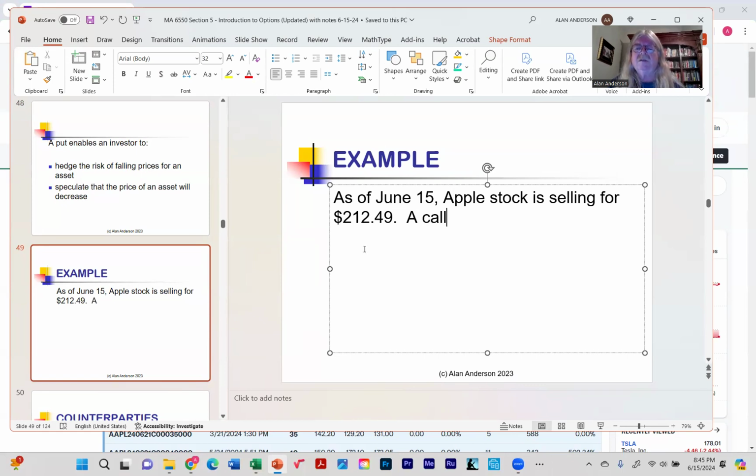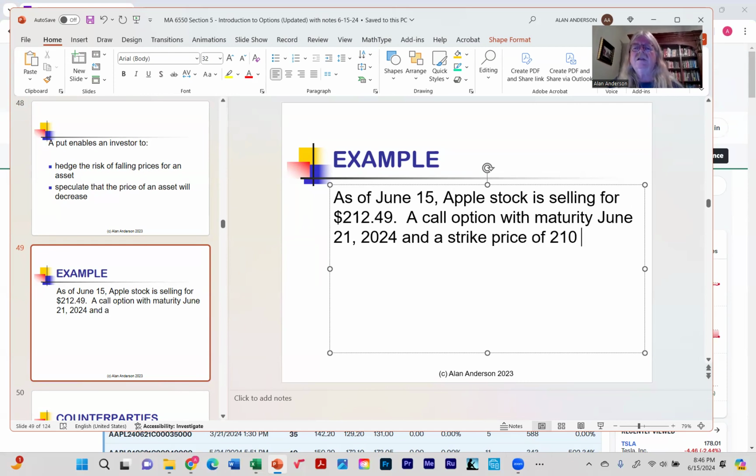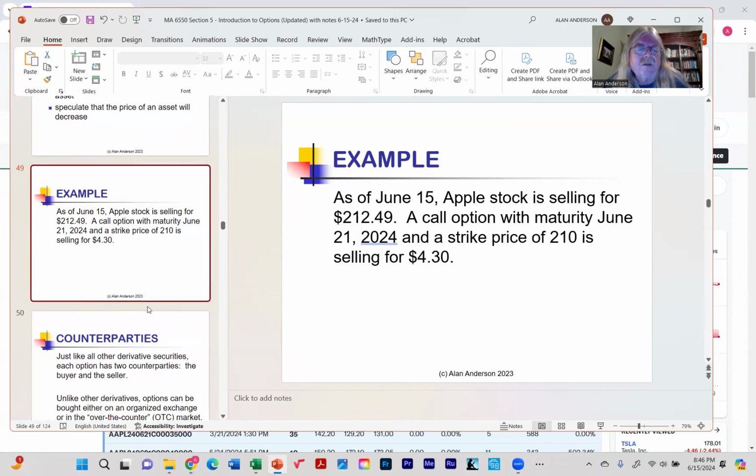A call option with maturity June 21st and the strike price 210 is selling for $4.30. So if you go back and revisit our graphs, let me draw another one here.